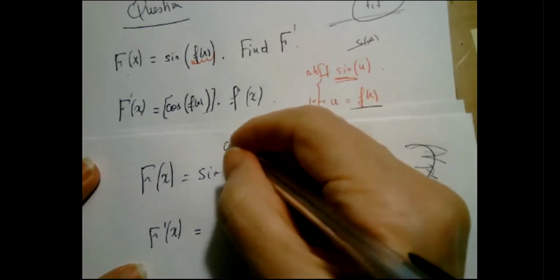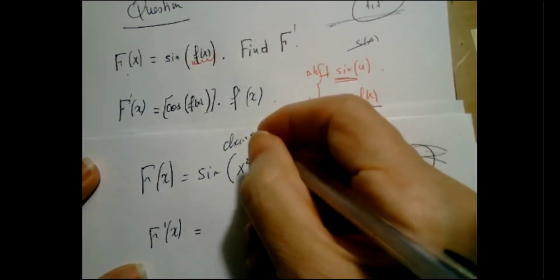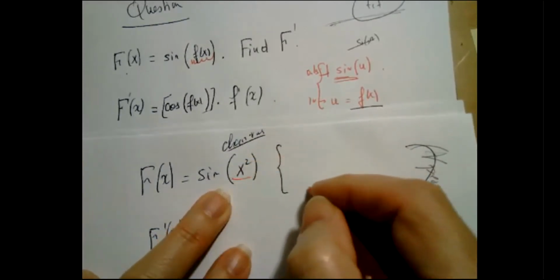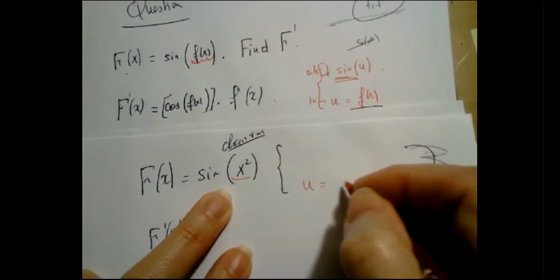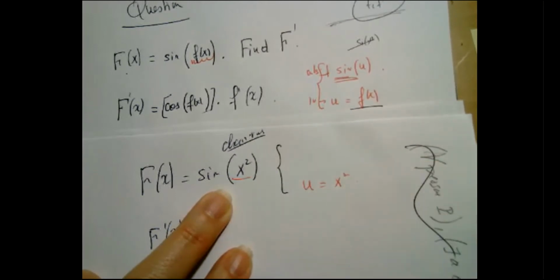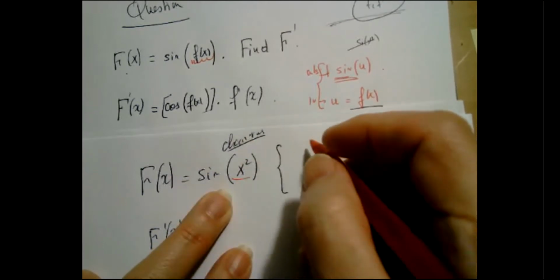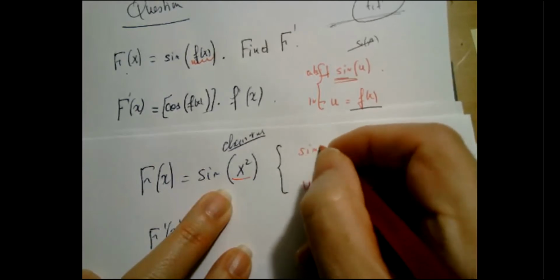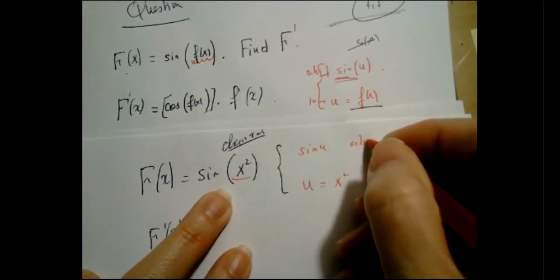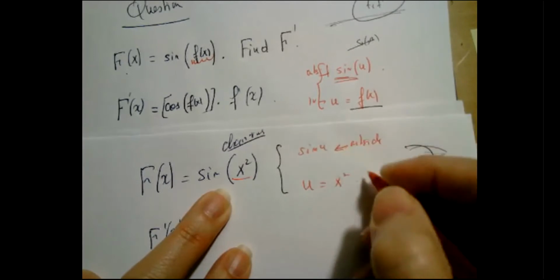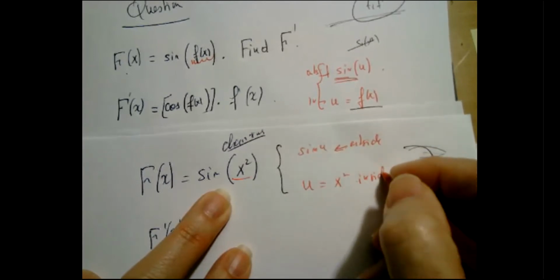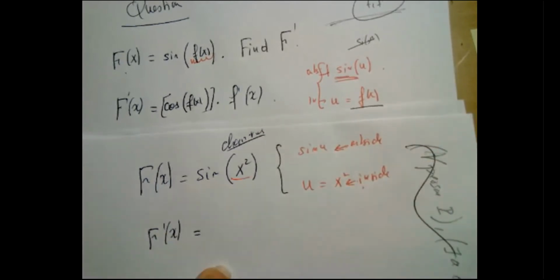We have to look at this as a chain rule. The inside is x squared, so the inside is u equal x squared, and the outside is going to be the sine of u. Are you with me?